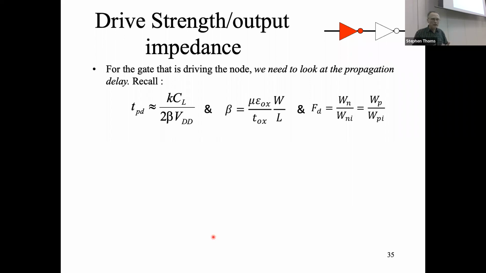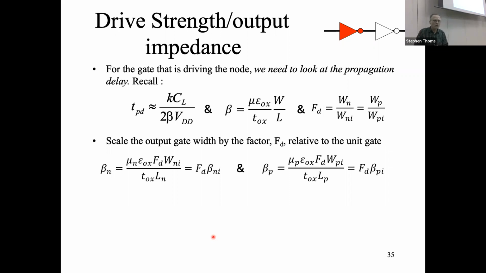We know what the gain beta is, and we know that we've got some scale factor FD for the drive. So we can put all that together. We're going to scale the output gate by the factor FD for the drive.